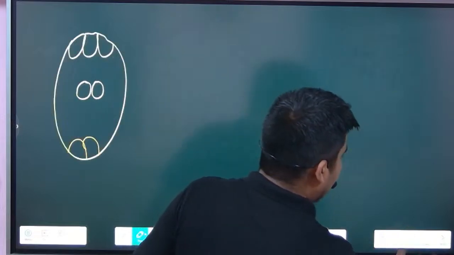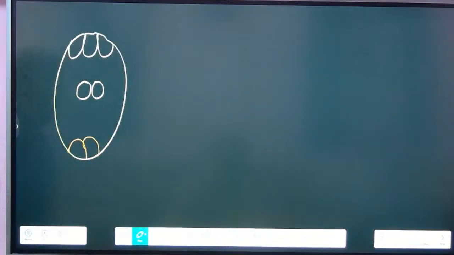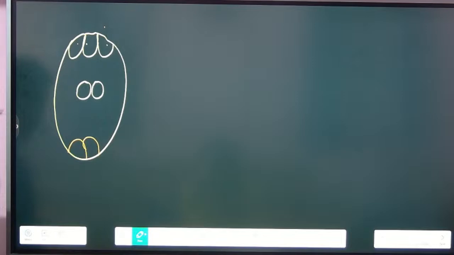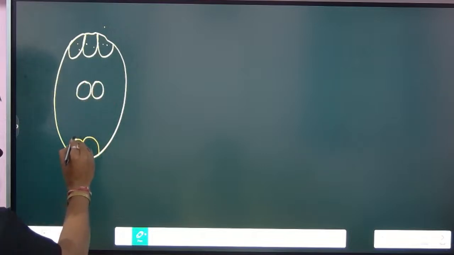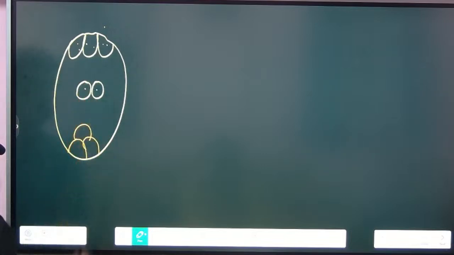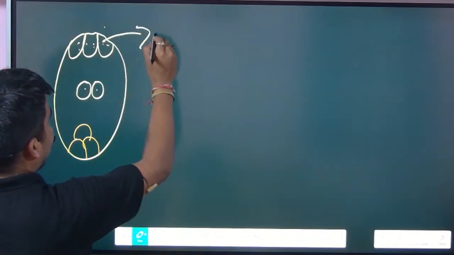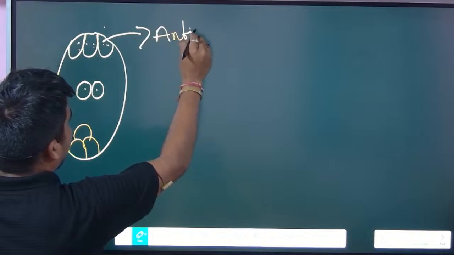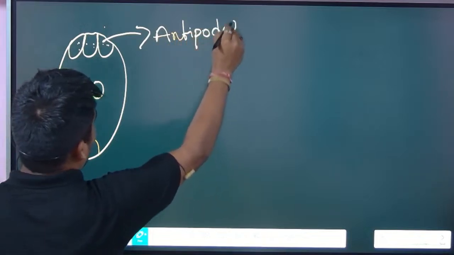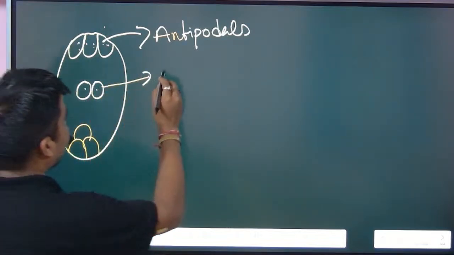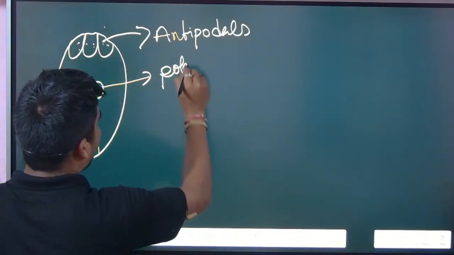So from these 8 nuclei, 3 nuclei stay in the polar region. We can say this is the polar region. 3 nuclei stay at the pole, and 2 nuclei come to the center. These 3 nuclei are called antipodals, and these are called polar nuclei.